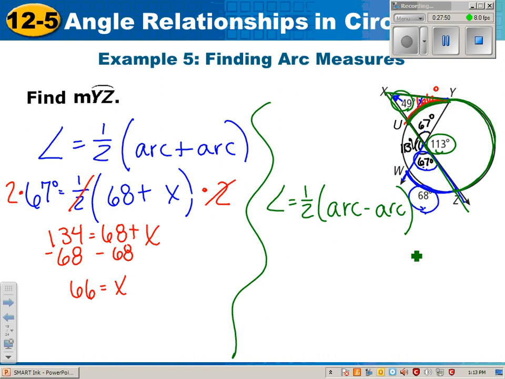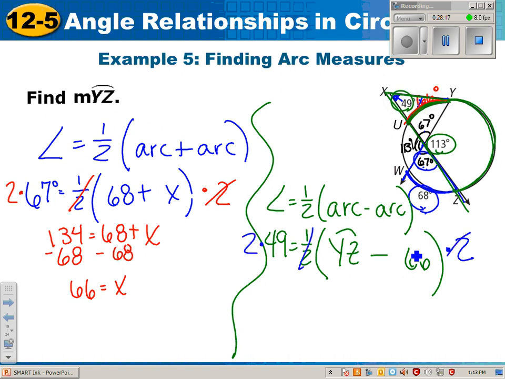Angle equals 1/2. This time it's outside, so it's arc minus arc. What's the angle? 49. 1/2 of, what's the big arc? We don't know. That's our YZ. That's what we're looking for. Minus, what's the little arc? 66. Now work backwards. Multiply both sides by 2.